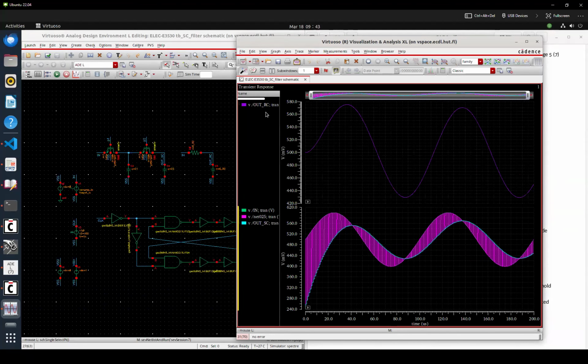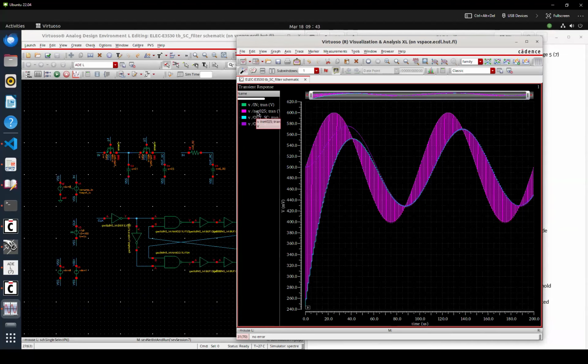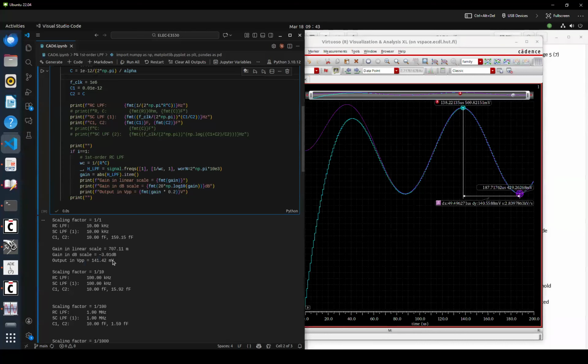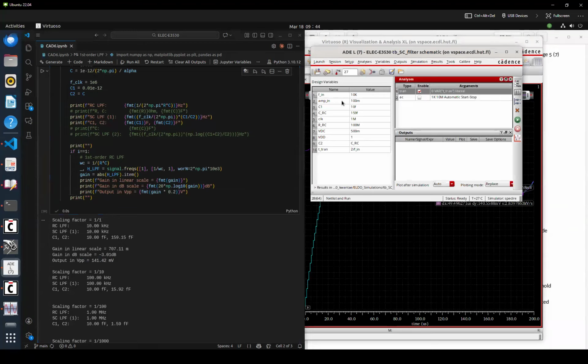So let me overlap this SC and RC, and let me delete this one. Then you can see that both the RC low pass filter and SC low pass filter match quite well. And when we measure the peak-to-peak value, which is 140 millivolt, as we expected here, if we apply 0.2 volt peak-to-peak, which was the input because I applied 100 millivolt amplitude, then the peak-to-peak value is 0.2 volt peak-to-peak.